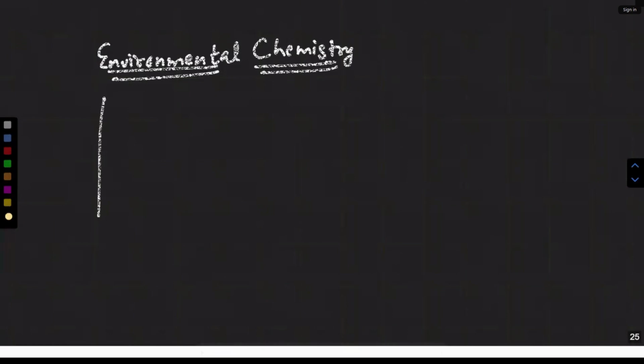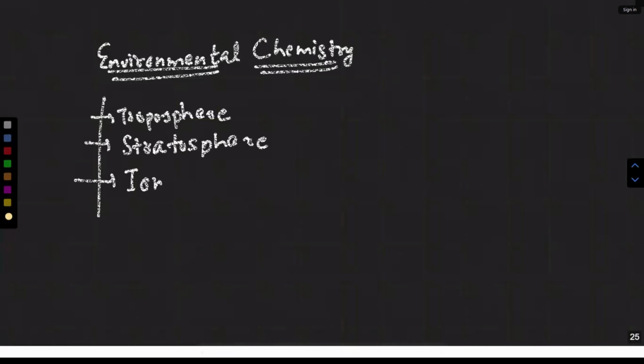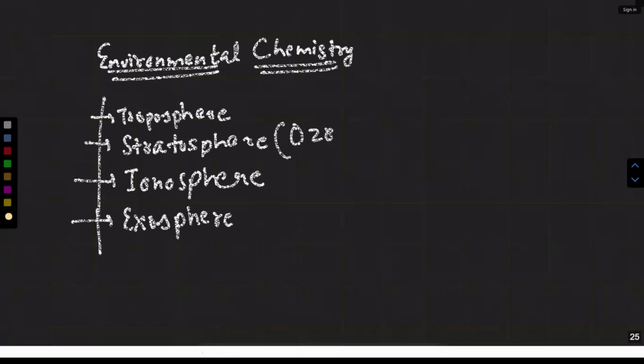Basically, there are four layers in the atmosphere: troposphere, stratosphere, ionosphere, and at last we have exosphere. In the stratosphere only we have the ozone layer.